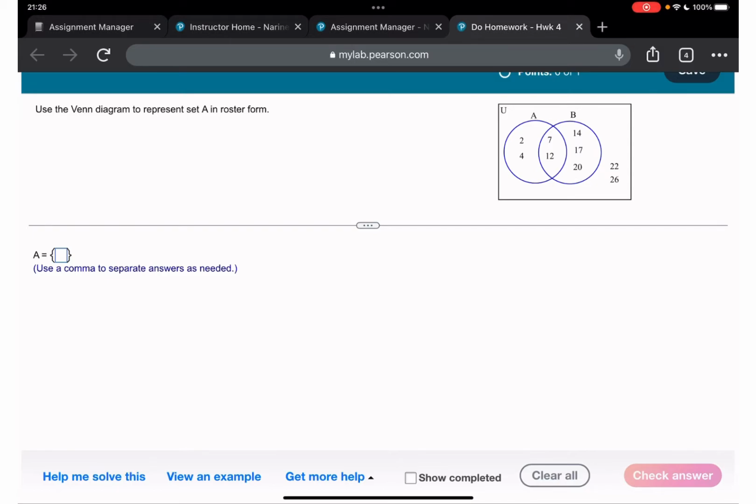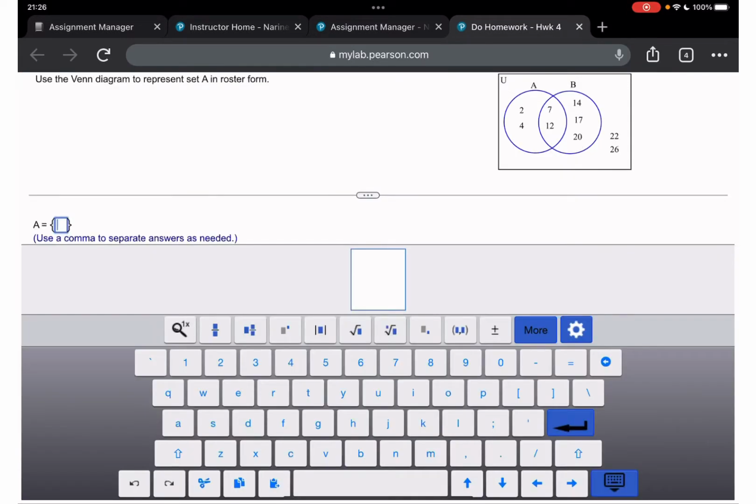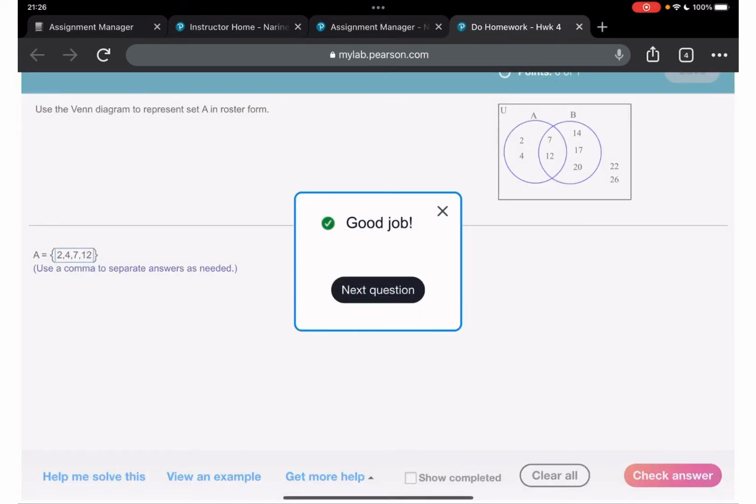What do we have in set A? 2, 4, 7, 12, right? Let's type it in. 2, comma, then 4, comma, 7, comma, and 12. Enter. Good job.